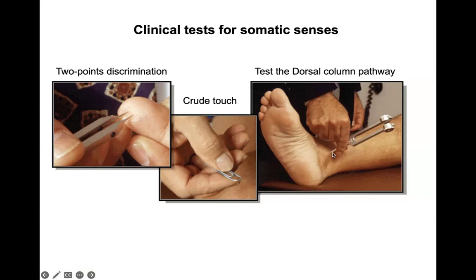Remember those tracts that deliver touch, pressure and vibrations, right? Or sometimes you have the pain, you use the pin to see if the patient can feel pain or not at all, okay? So any questions about the somatosensory system before we move on to the next system?